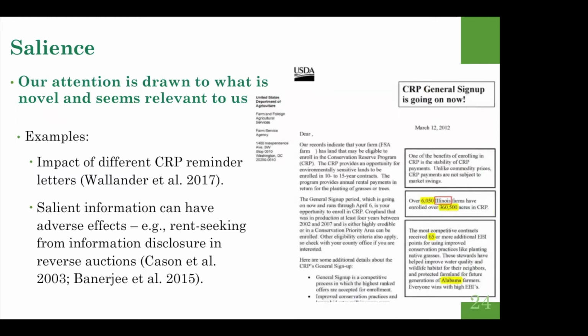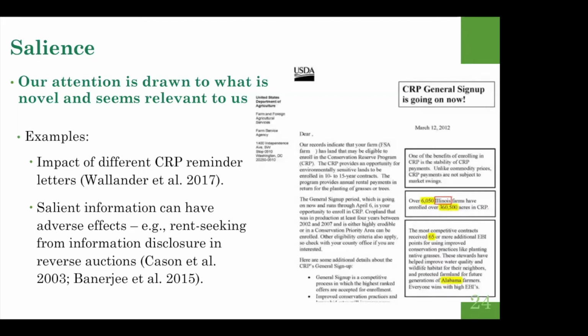Although the Wallander et al. study was not probably technically a controlled test of salience, I thought that how they presented the information really did make it more salient for participants by highlighting that, you know, this many farms in your state have enrolled, right? Let's really show that this is a program for you and your neighbors are participating in it. I thought that helped with salience, but I didn't find studies that really tried to tease out salience itself and measure the effect of that cue.